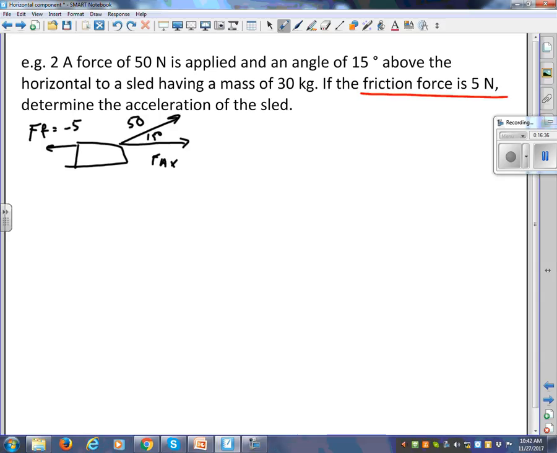So same steps. Find FAX, it's equal to FA cos theta. Write the formula. It's a way of me finding out from you how much you know. That's going to be 50 cos 15, which is 48.3.